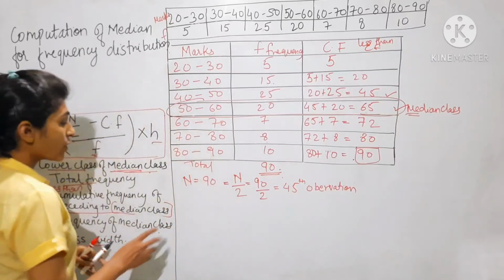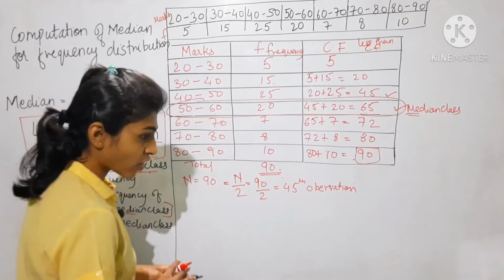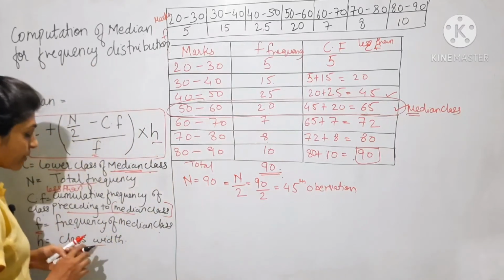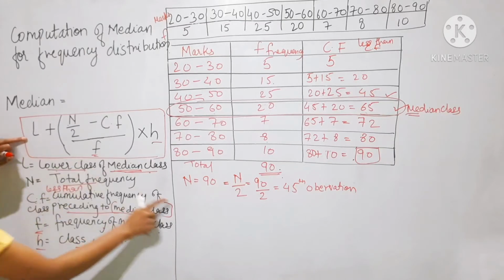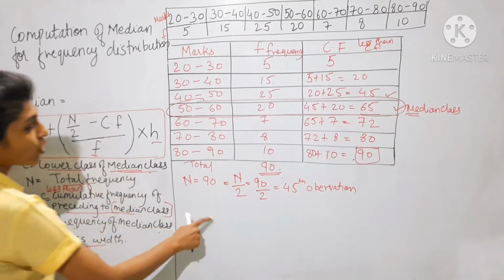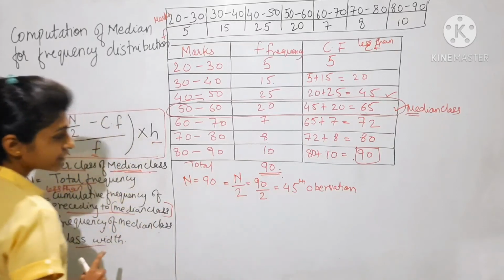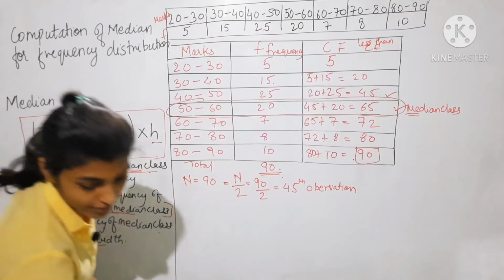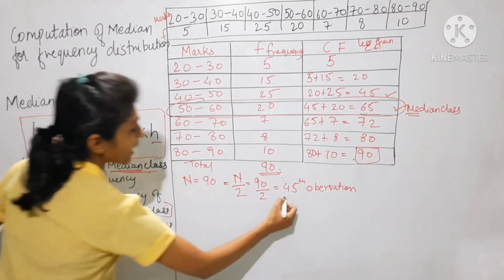Okay, so next, as per the formula, write down the formula here. Whatever is required as per the formula, note down first. Now n upon 2 we have got as 45.